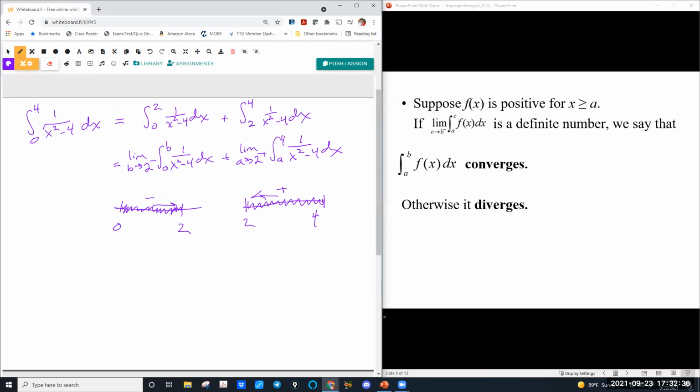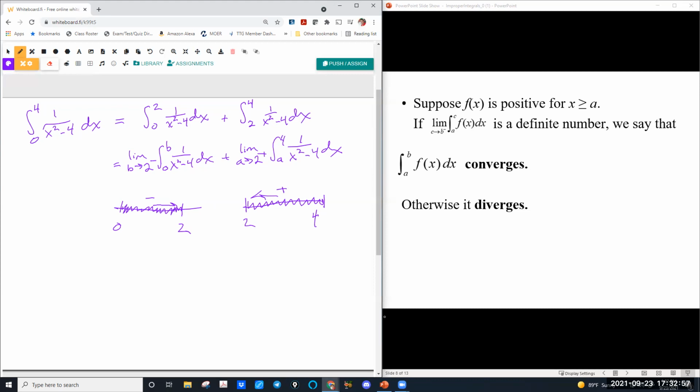It's not really 4 approaching 2. It's just that we're approaching 2 from inside our interval, and so hence from the right. The 4 just happens to be our upper limit. Does that make a little more sense? These are good clarification questions.